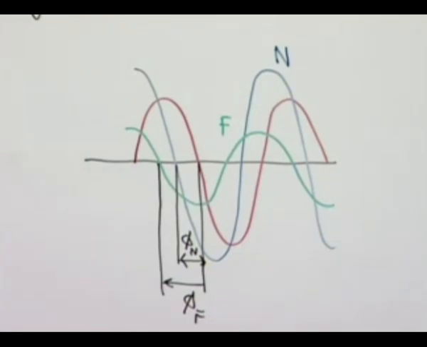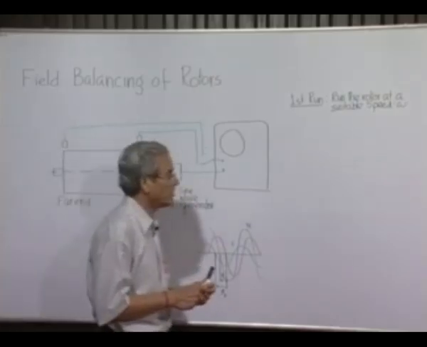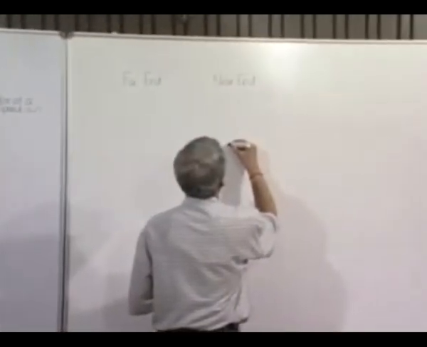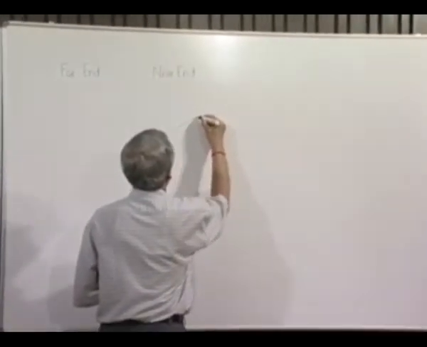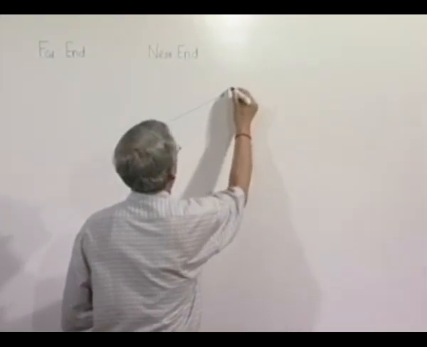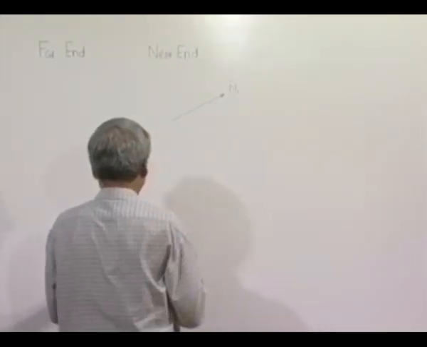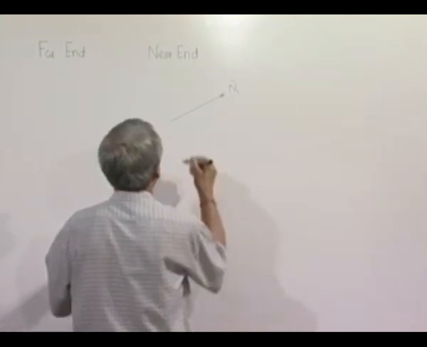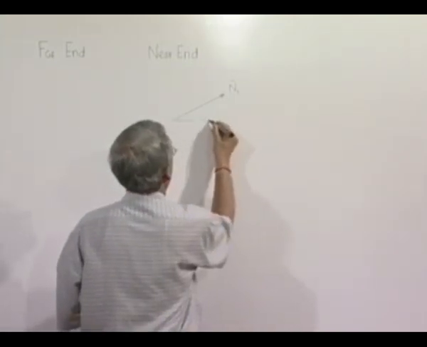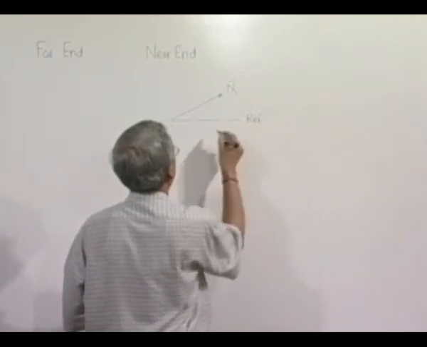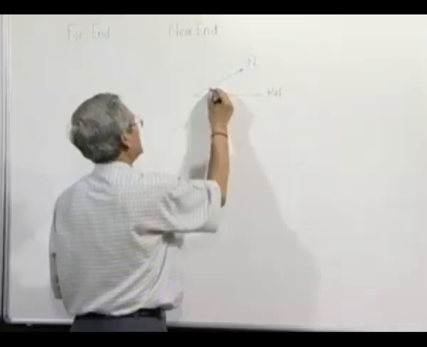So the near end response we get as N1 vector, and obviously the reference is here. Reference vector is nothing but the sine wave generator.